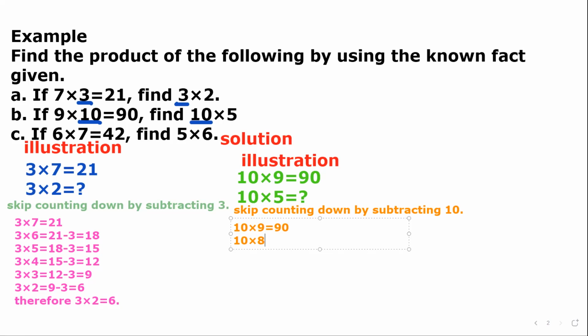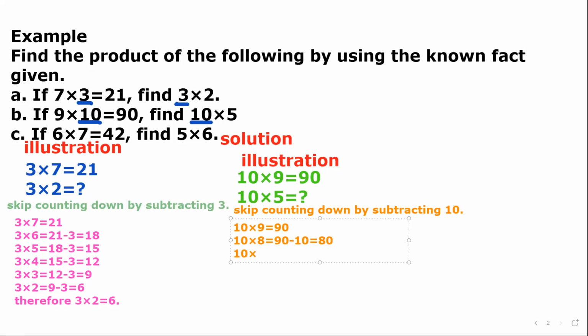And here will be equal to 90, the previous answer, minus the multiplier, okay? And the answer here is what? 80.